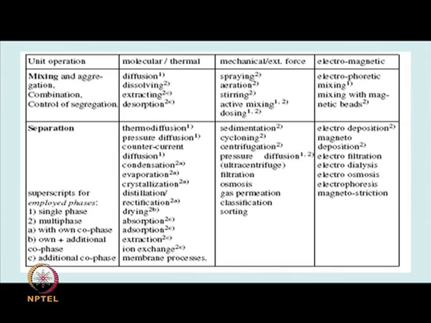So, this table essentially lists the processes, the unit operations, the molecular and thermal reasons, the mechanical forces that are necessary, and other electromagnetic forces. So, you can go through these to learn more about the importance of different forces in such operations.